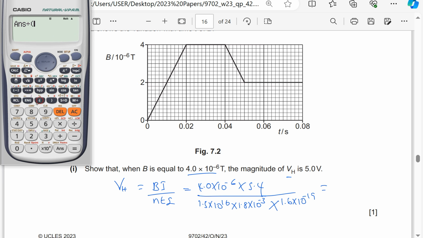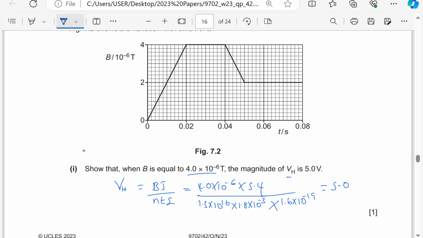Then divide by 1.5 exponent 16, 1.8 exponent minus 3, 1.6 exponent minus 19. So this is giving me exactly 5.0 volts.